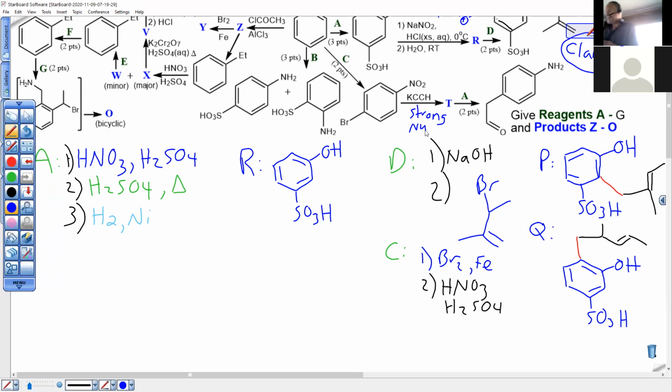So product T, remember, it's nucleophilic aromatic substitution. What are you substituting for? The leaving group. What's the leaving group? Bromine. Where's the new group go? Carbon with the bromine. It attacks here, resonates up to the nitro, resonates back, and kicks off the Br.